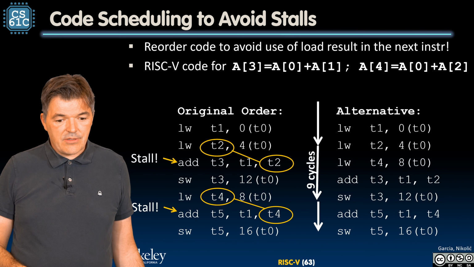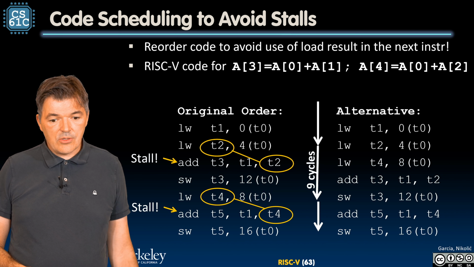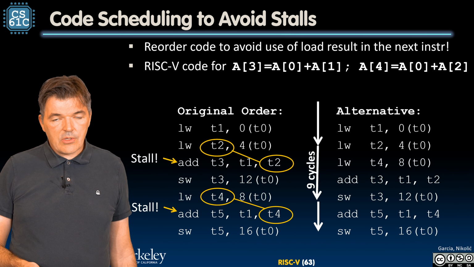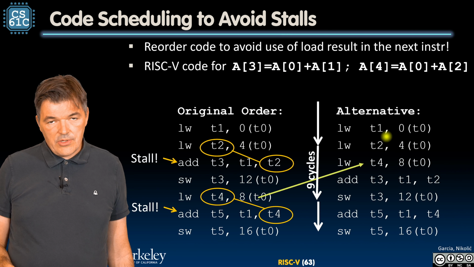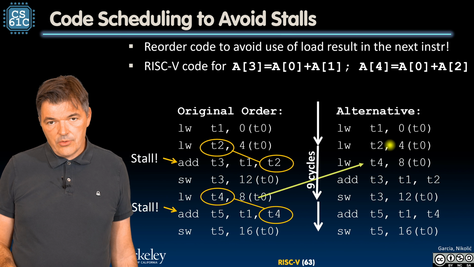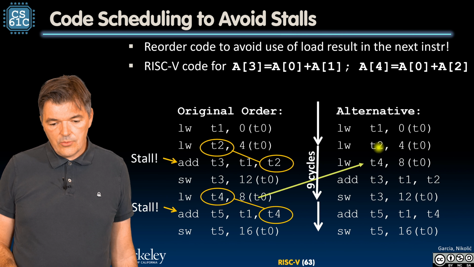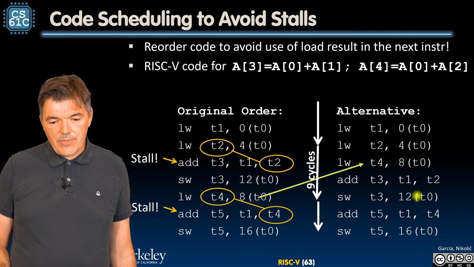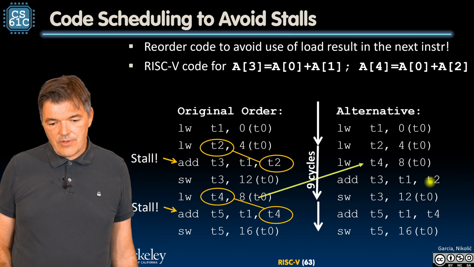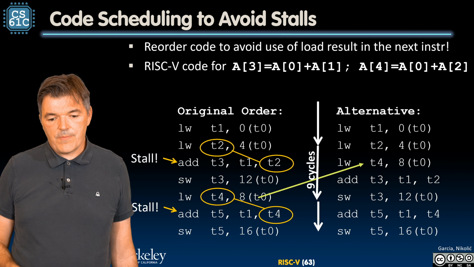So here is an alternative schedule of instructions. We are going to load all three operands that we need, A0, A1, and A2, in three consecutive load cycles. That enabled us to insert this load instruction between the load of A1 and the consumption of A1 in this addition here.